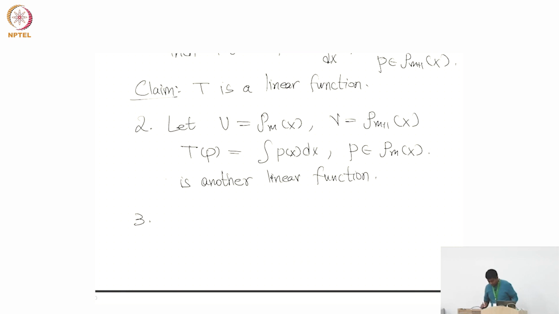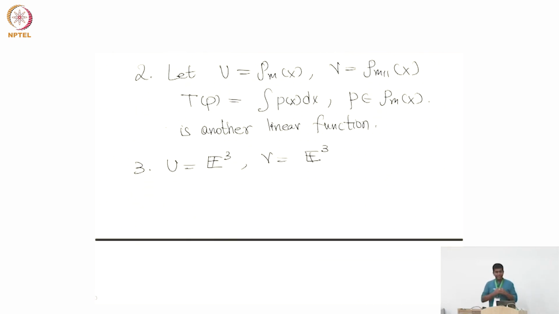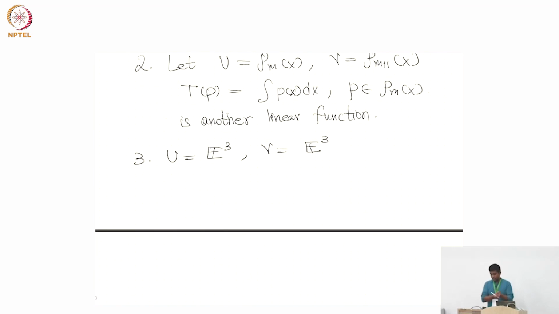We can do other linear functions too. Let's presume U is R3. We didn't talk about R3, but let's say U is E3 and V is also E3. Now I have to take a 3-tuple and spit out a 3-tuple. Here is an example: T of (x, y, z) equals (x plus y, 2x plus 3y plus z, x minus z).